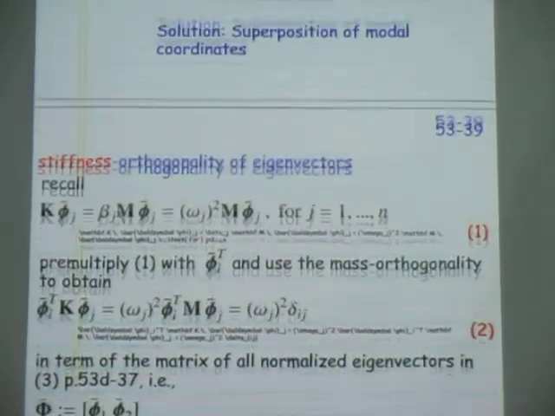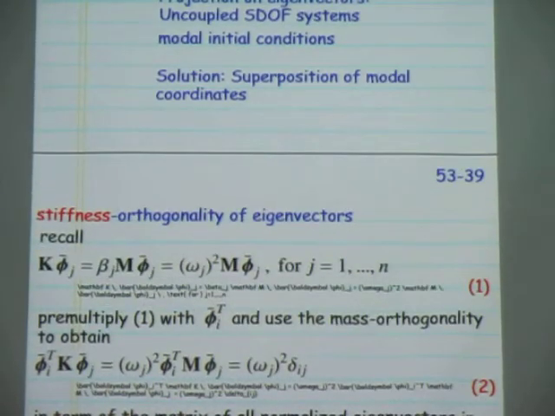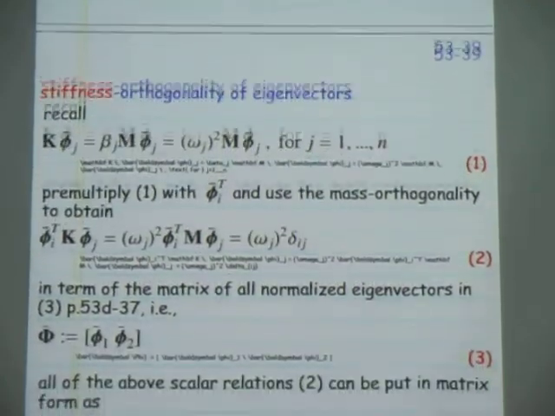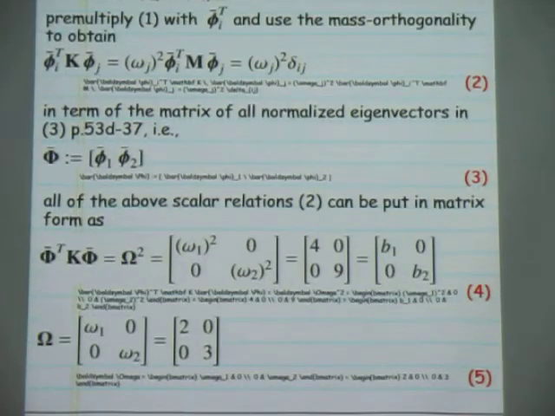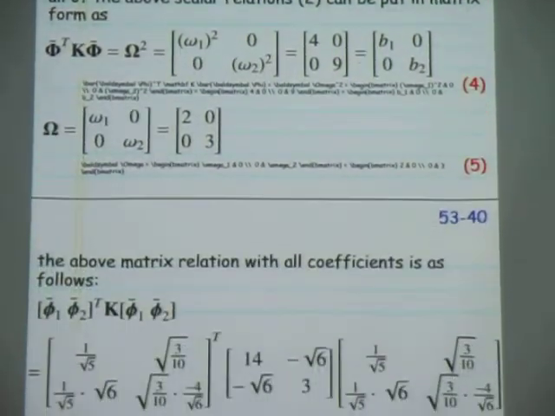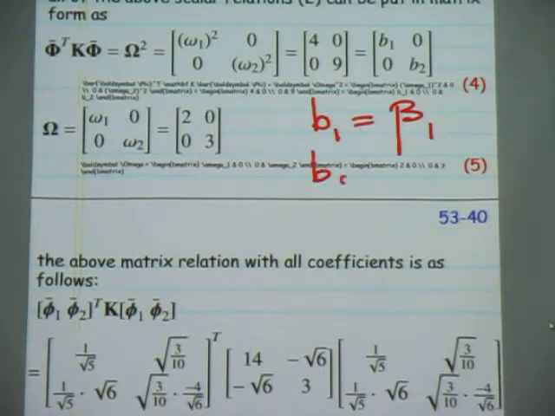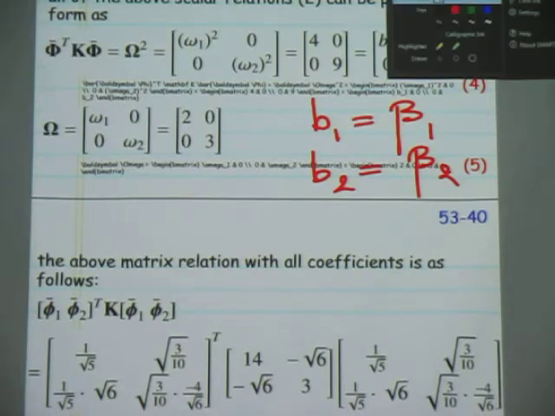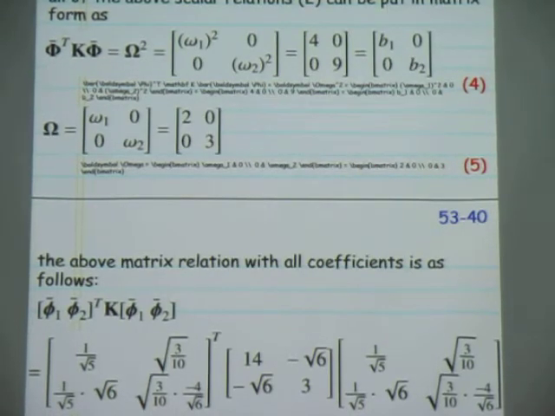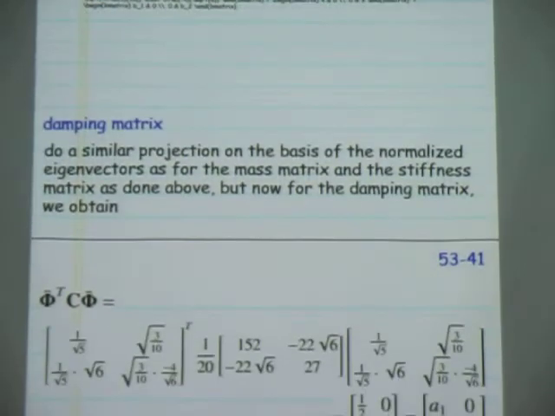I may have written it somewhere. But anyway, you can think of B1 as the same as beta 1, and B2 as the same as beta 2. And the notation B is very useful to connect you to the theory of scalar second order differential equation. That was really the motivation to change.